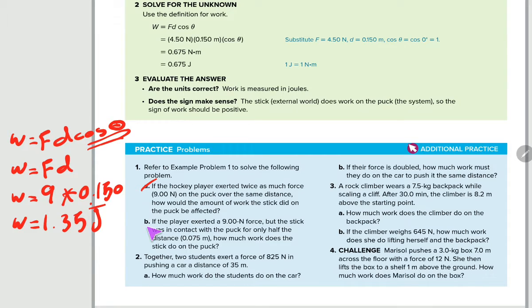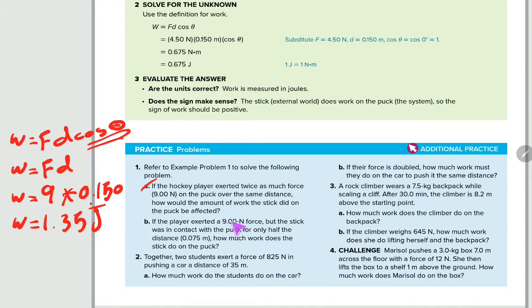Now we will talk about question B. If the player exerted a 9 Newton force, but the stick was in contact with the puck for only half the distance, which is 0.075 meter, how much work does the stick do on the puck?